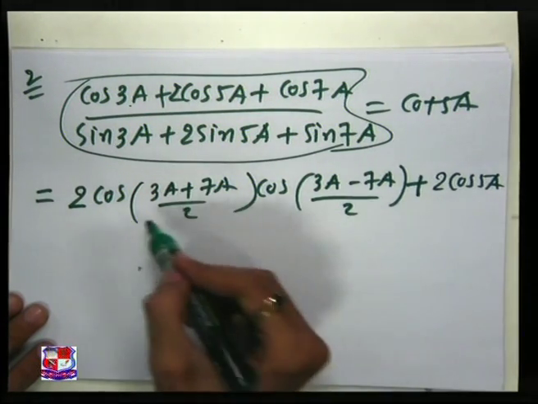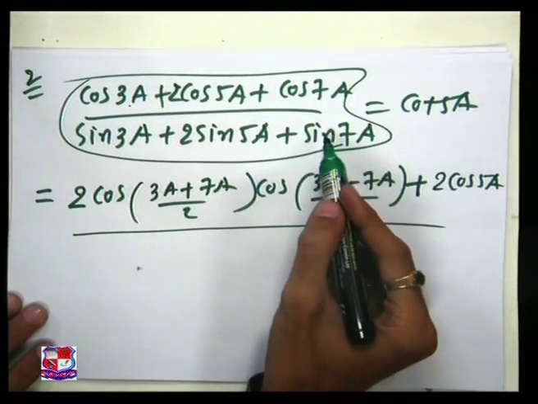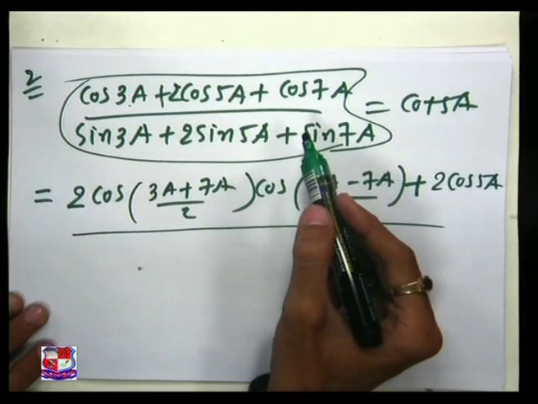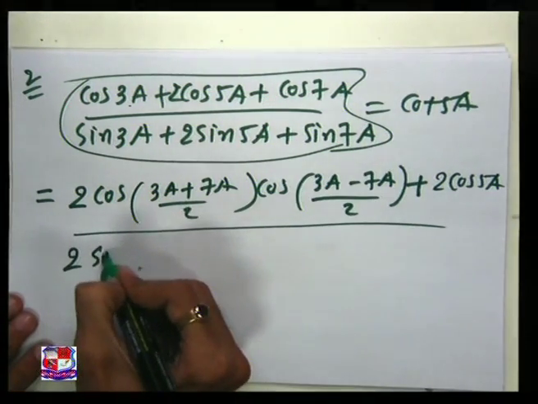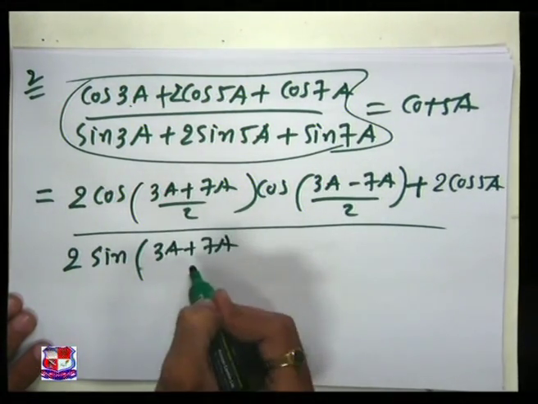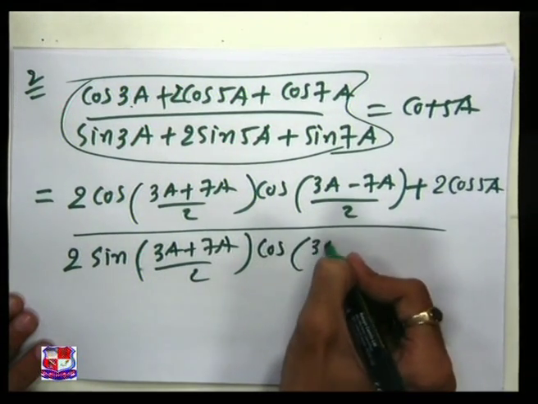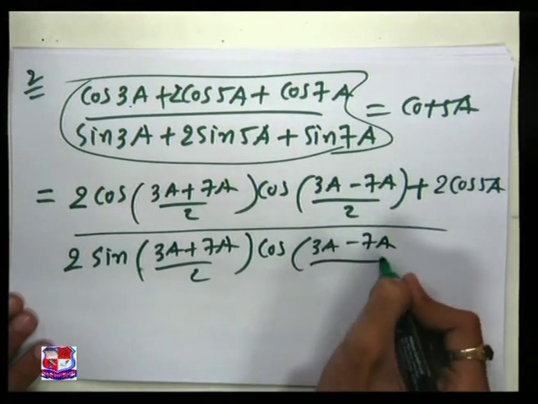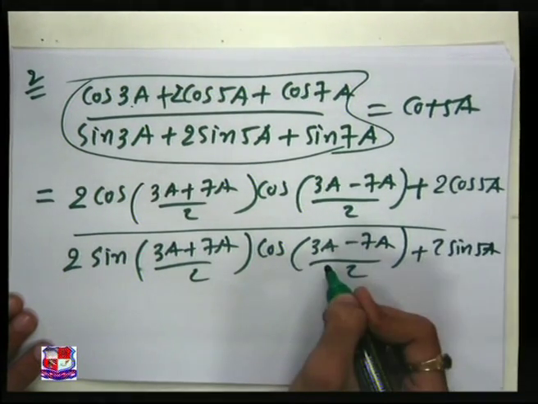In the same way, for the denominator, sin 3a plus sin 7a, sin plus sin is 2 sin cos. So I will get 2 sin of (3a plus 7a) divided by 2 into cos of (3a minus 7a) divided by 2, plus 2 sin 5a.